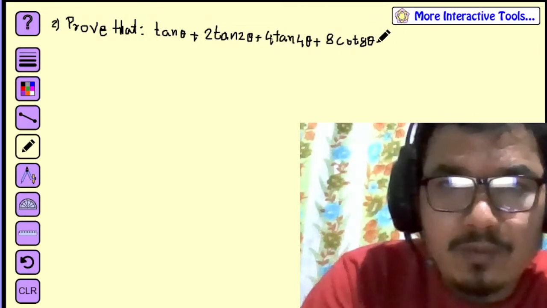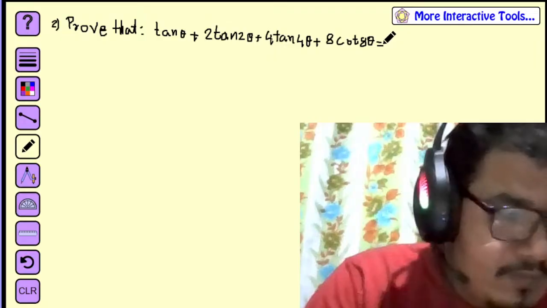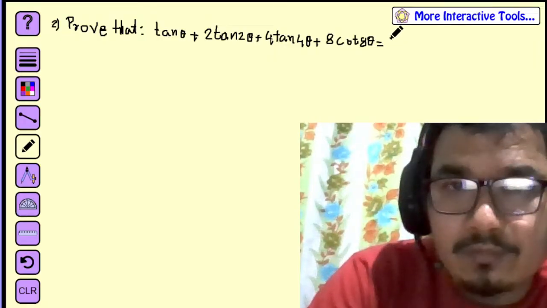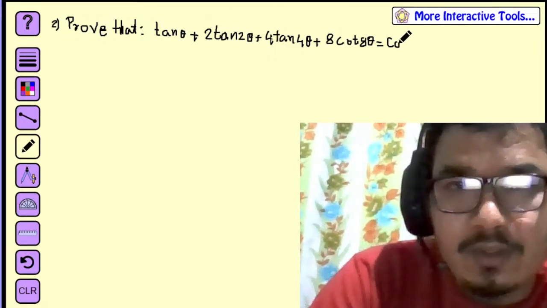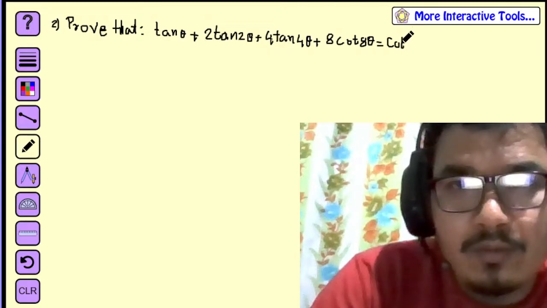And the question has to prove that the right hand side is cot theta only. This is the answer to bring here, cot theta.